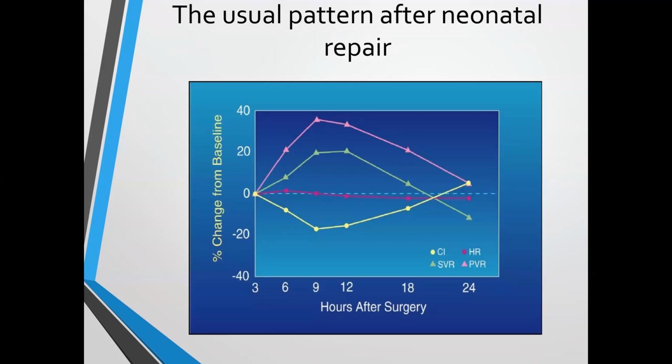One of the modalities to deal with this PVR is to use pulmonary vasodilators, especially nitric oxide. It makes a big difference in management and relaxes the pulmonary vascular bed, the PVR, and relaxes the RV.